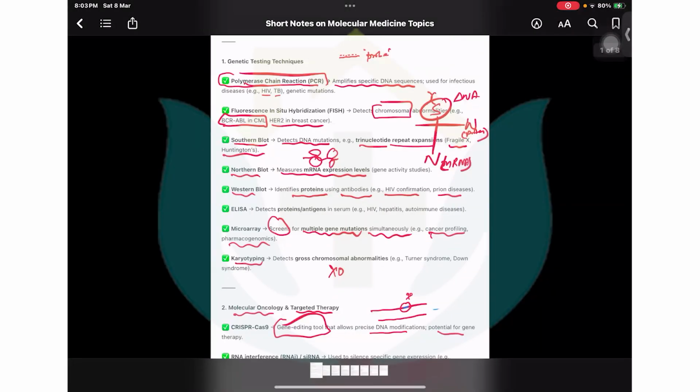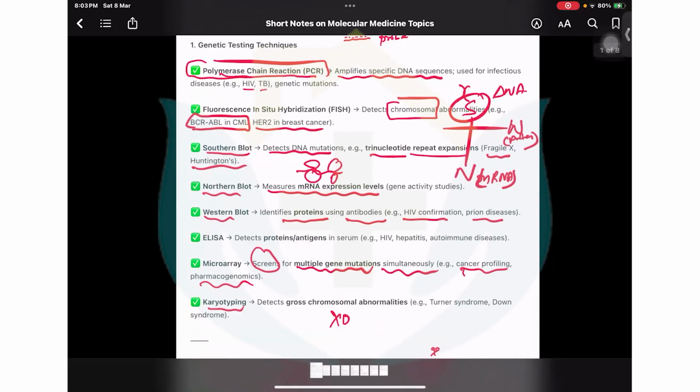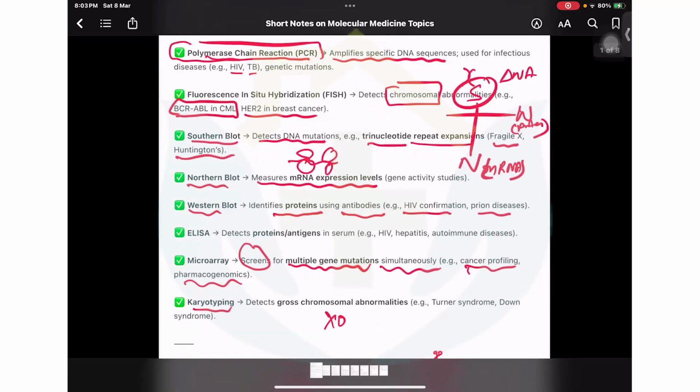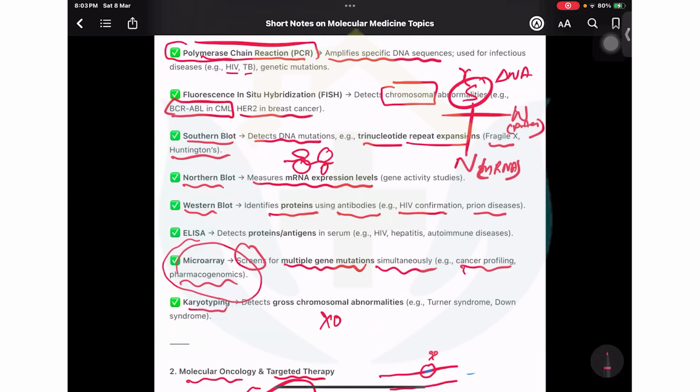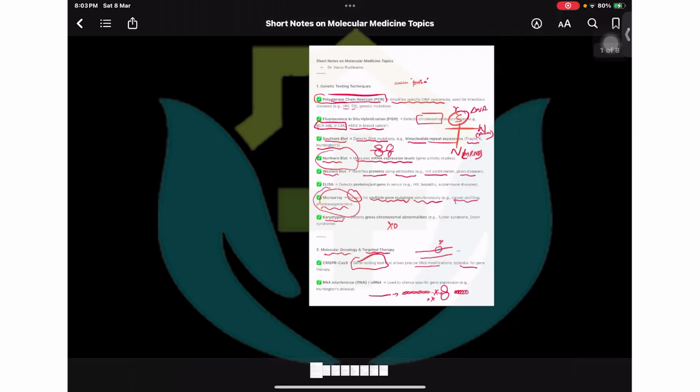Let's go back. So gene testing. Where do you see that? Microarray. You can check by the gene activity, or you can do it via a northern blot also. Is that okay? Yes.